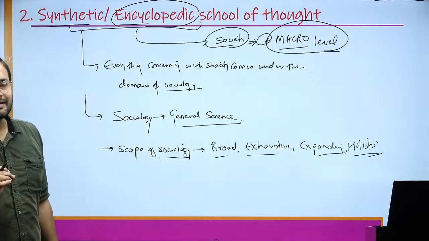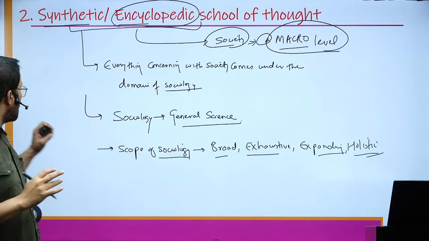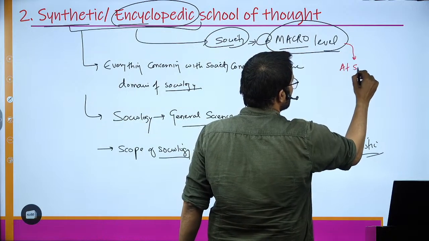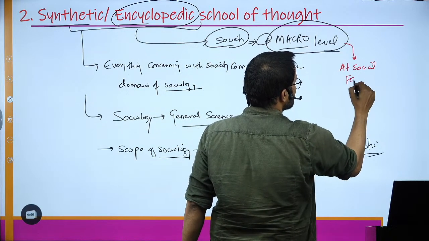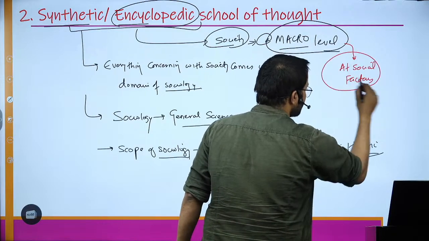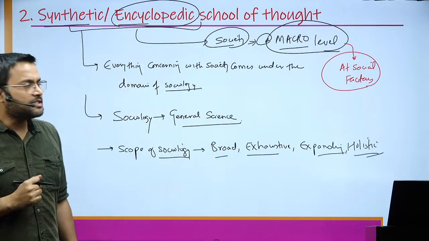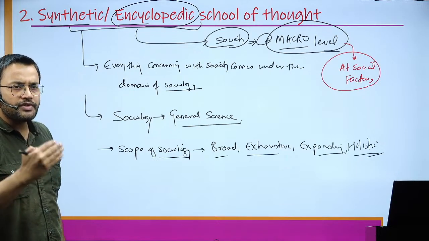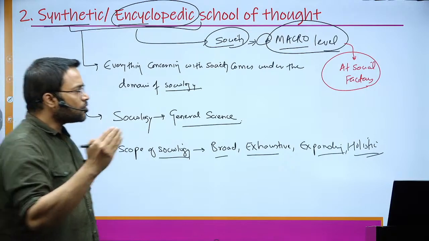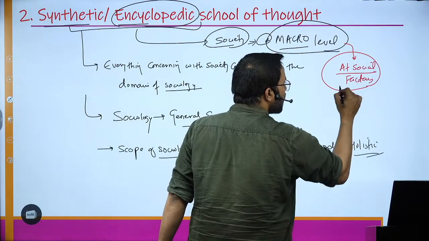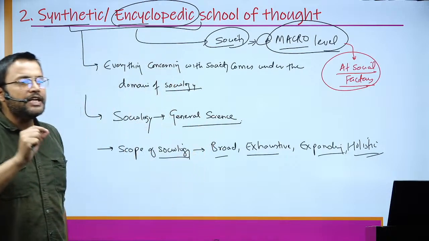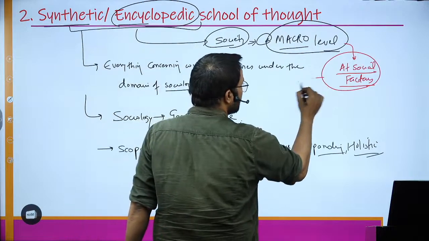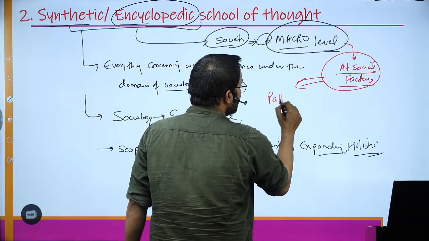What it means is that they were trying to focus only on social factors, which means generally the rules, regulations, values, and norms which govern human behavior. They were not looking at minute human to human interaction. They were focusing upon the patterned way of interaction.